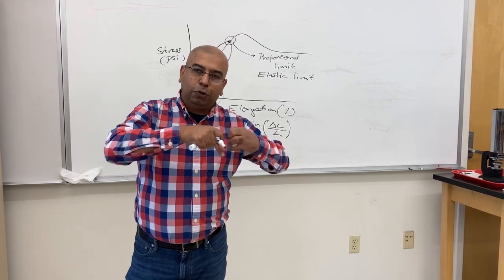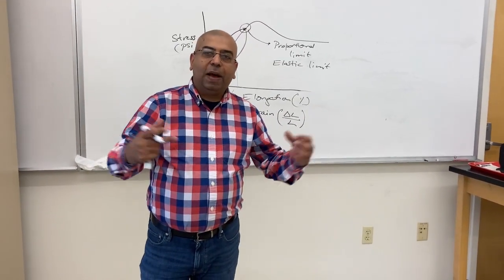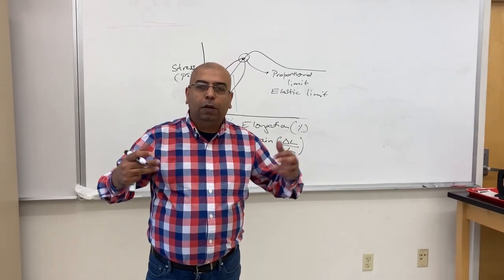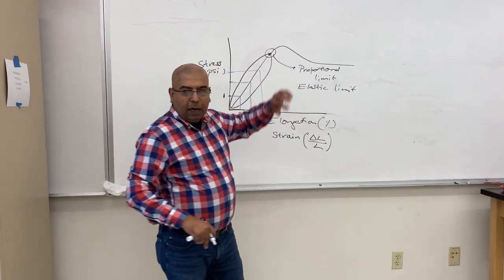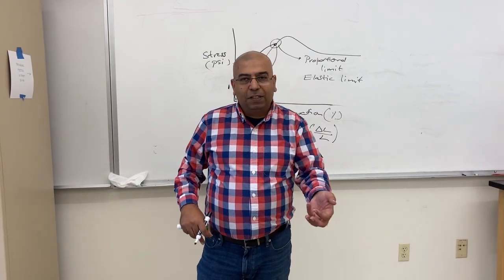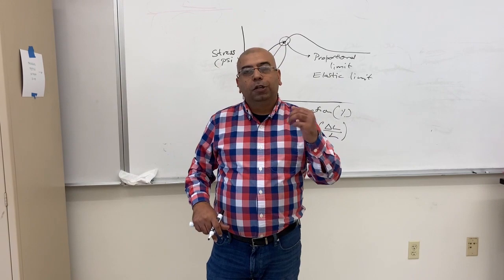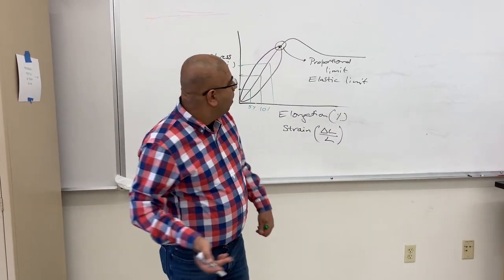Elastic is a material which you stretch, once you relieve the stress, it goes back to its original shape, right? That's what elastic does all the time. So if I cross this limit, then I am inviting permanent deformation in the plastic. Plastic is never going to return back to its original shape. It's not going to come back to its original dimensions.